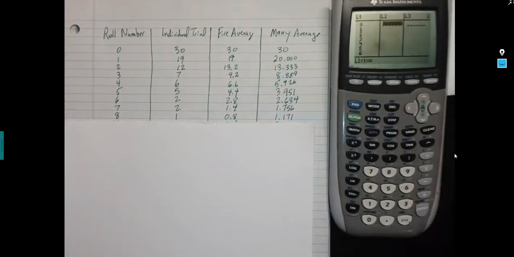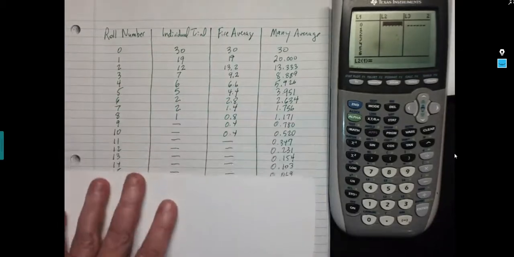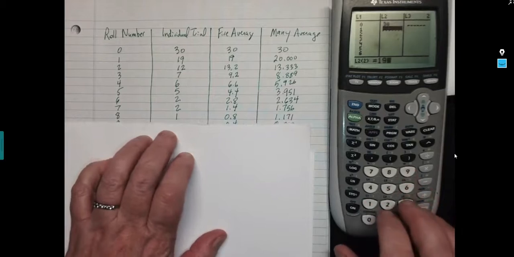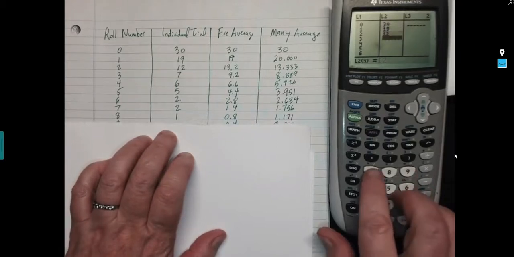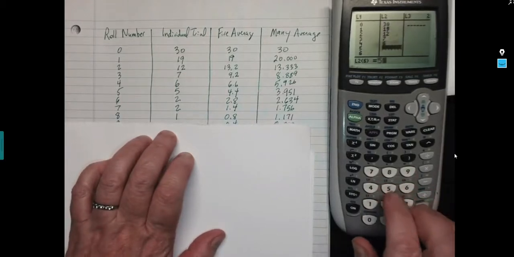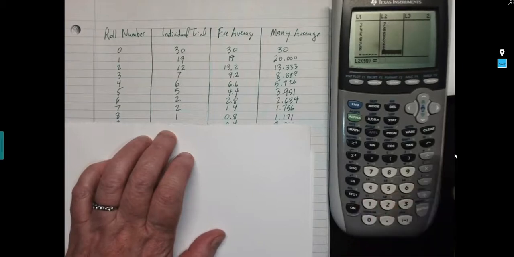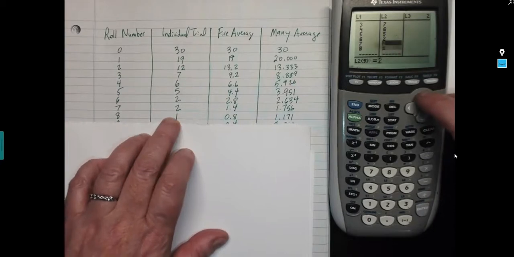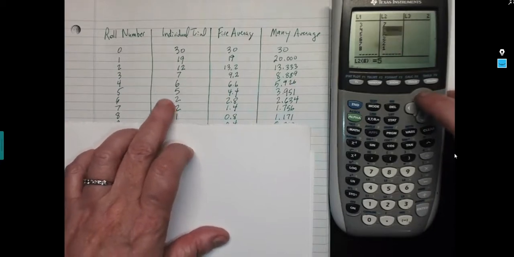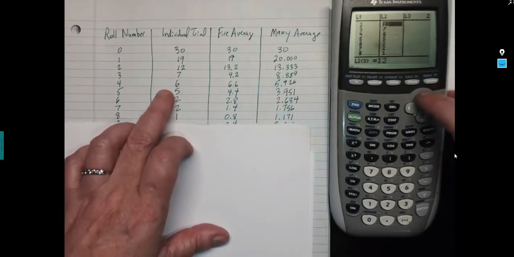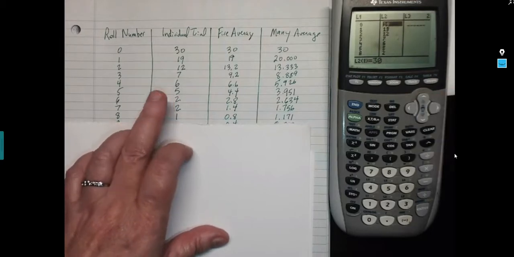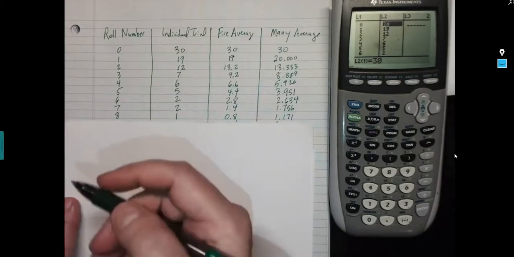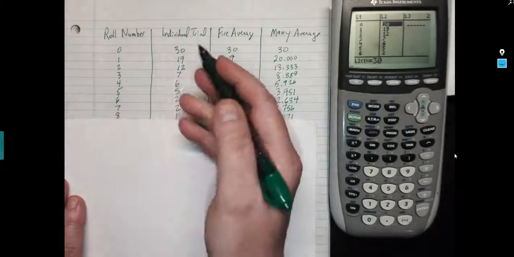Okay, now I'm going to scroll over to list 2, and I'm going to put the non-zero entries in there. And I like to check these by, I'm at the bottom now, let's scroll back up to the top and check those entries. Okay, that's great.